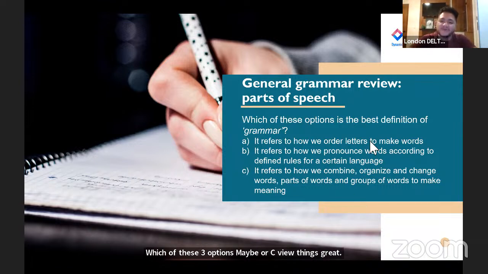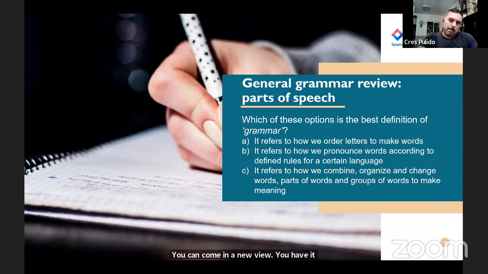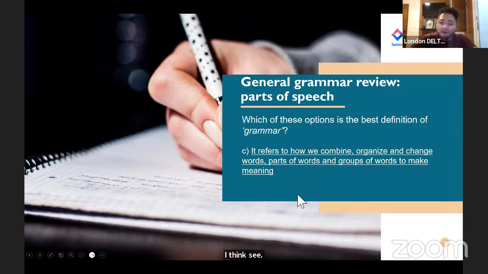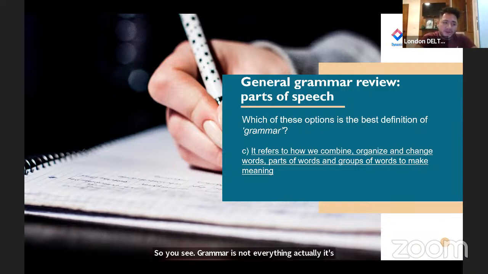You can comment, any of you. You have it. I think C. Okay. So yes, the answer is letter C. It refers to how we combine, organize, and change words. So you see, grammar is not everything. Actually, it's a bad thing we start right away with grammar when we are learning English, right?